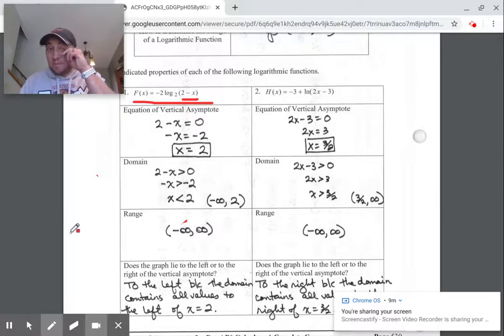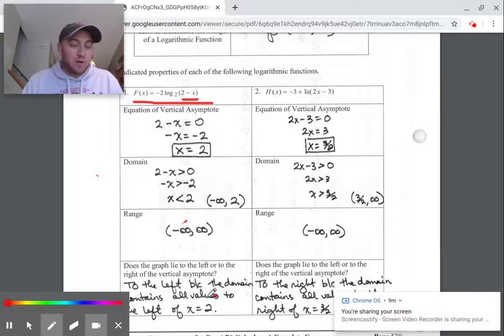Now the domain: I set 2 minus x greater than 0. I'm setting the argument greater than 0 and then solving. And I just have to make sure I divide by a negative right here, so I end up flipping my sign. x is less than 2. That's inequality notation. In interval notation, we're looking at negative infinity to positive 2. And my range is negative infinity to positive infinity.